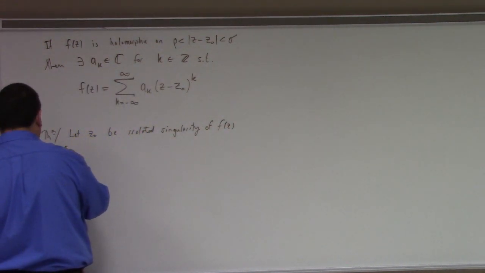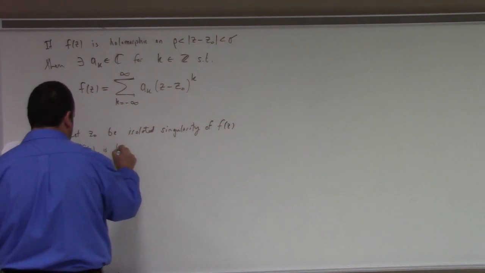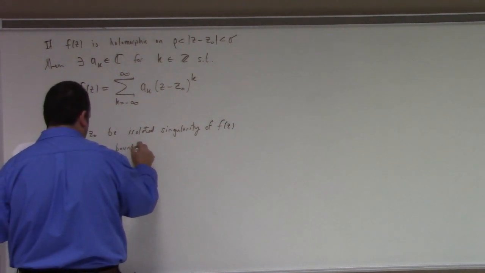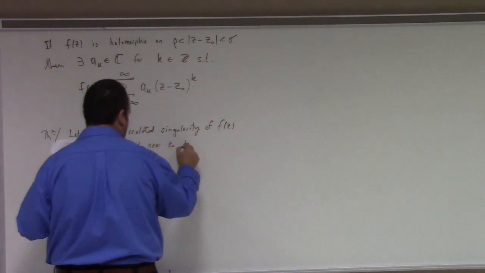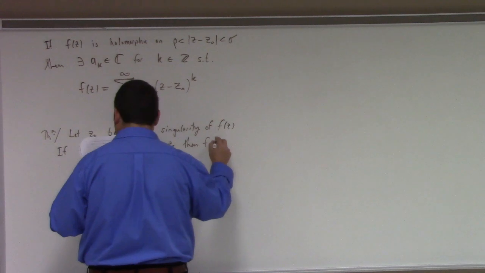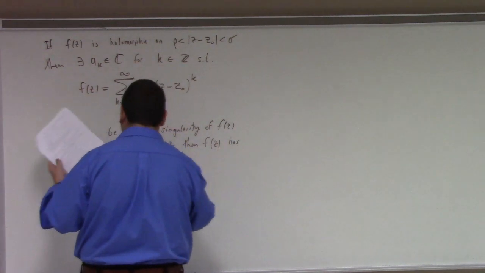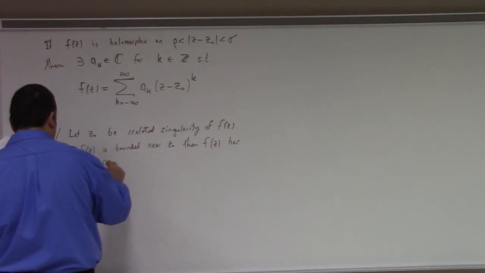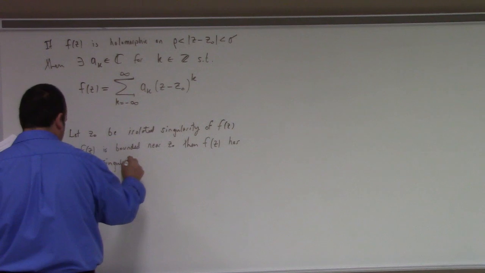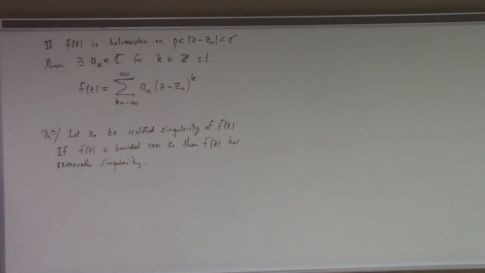If f of z is bounded near z naught, then f of z has a removable singularity. All right. So the proof is by the Laurent series, right?